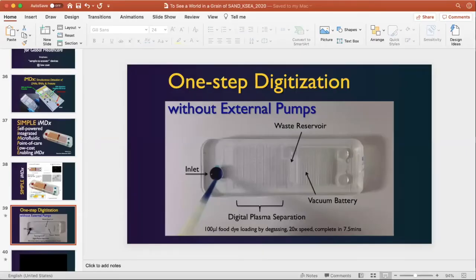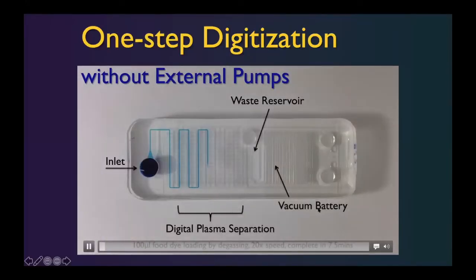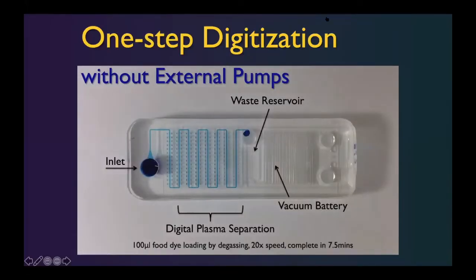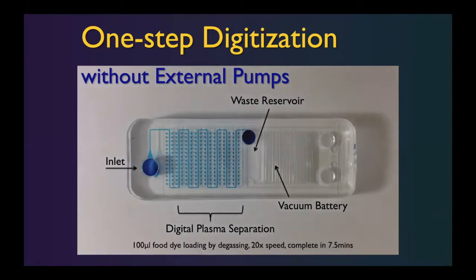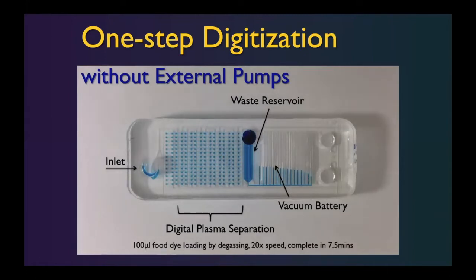Okay, so you can see there's no external pump, right? So this vacuum battery is like your lung. We store negative pressure already. You build up this negative pressure because the material itself has a lot of porosity. By looking with the eyes, you cannot see this porosity. It's a nanoscale porous structure that allows us to store negative pressure.